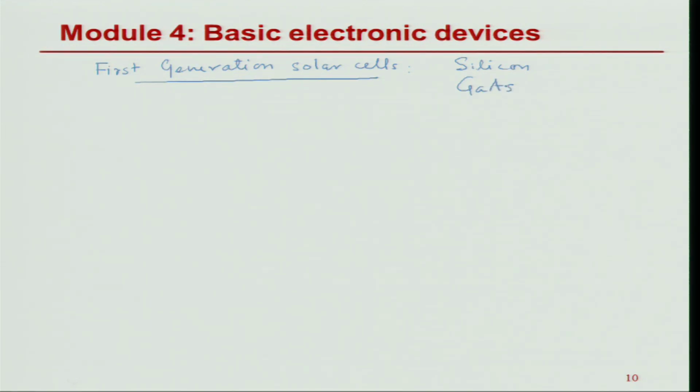With gallium arsenide, by making a tandem cell or by making two or three different kinds of absorbers within the cell structure, efficiencies can be increased quite a lot. So, these were the first generation solar cells almost 50 years ago, and they are very well deployed in the space area. All the power requirement of the space shuttles is taken from photovoltaics. So, it is a very established technology in the space arena, the solar cell.